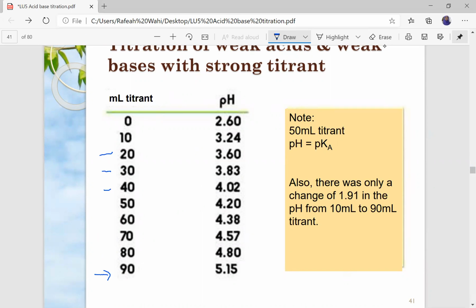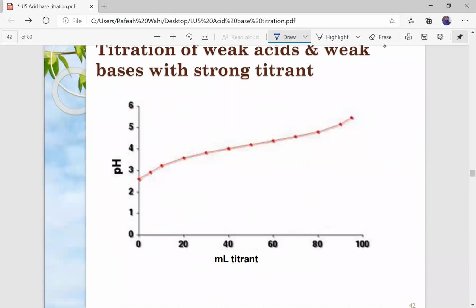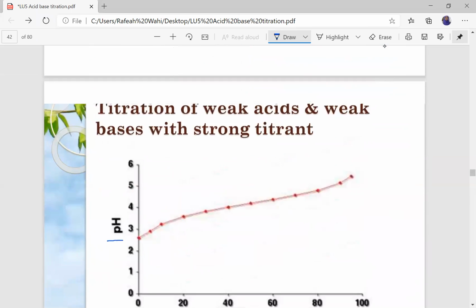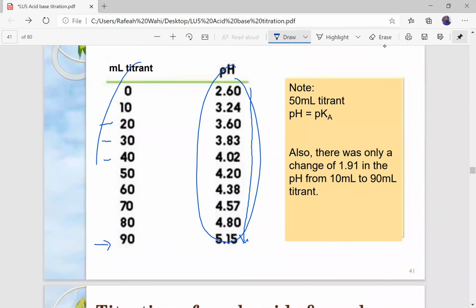If you look here, there is not much change in the pH, but the pH is changing towards higher pH. So for the titration curve, you can plot pH versus ml of titrant. Here you can get the curve which comes from the values here.